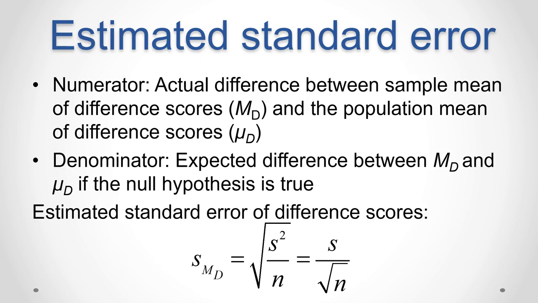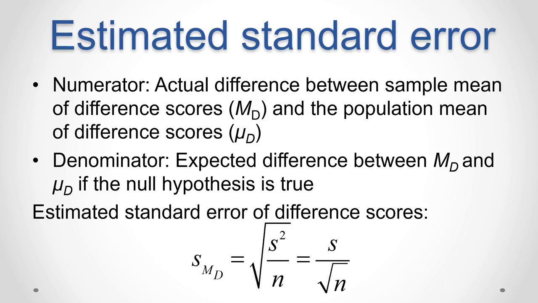For related samples t-statistic formula, estimated standard error is calculated as the square root of the sample variance of the difference scores divided by sample size n, where n is the number of pairs, or sample standard deviation of difference scores divided by the square root of n.